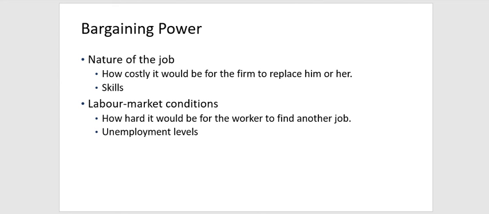This worker has less bargaining power and therefore cannot ask for a higher wage. If they do, they can be laid off or replaced at a minimum cost. However, highly skilled workers are difficult and costly to replace, giving them a higher bargaining power.